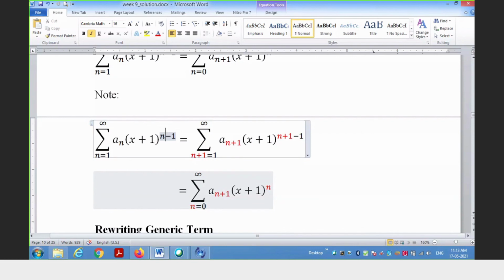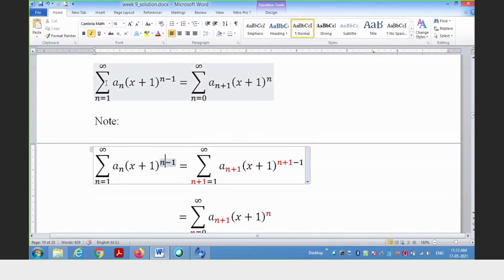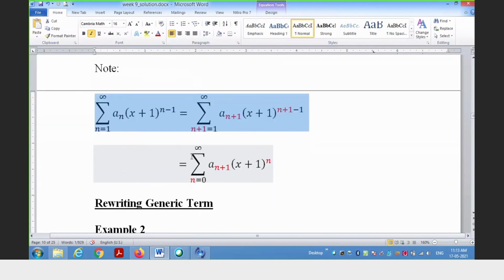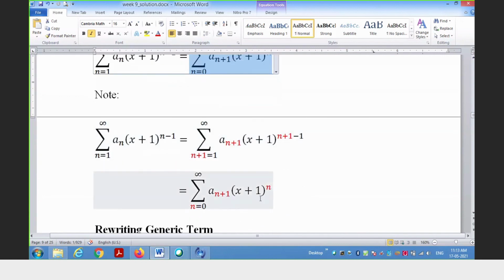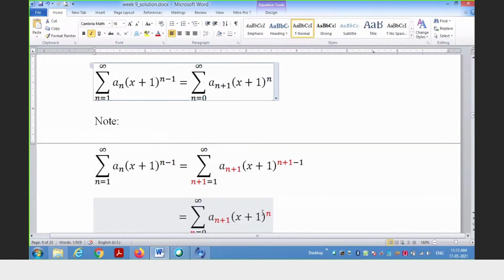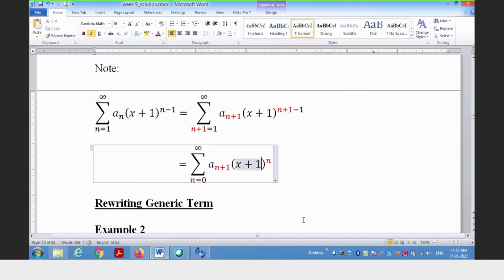Then (x plus 1) to the power of n plus 1 minus 1 equals n. Then you compare this term and this term, they are the same. So we can conclude that those two infinite series are the same.